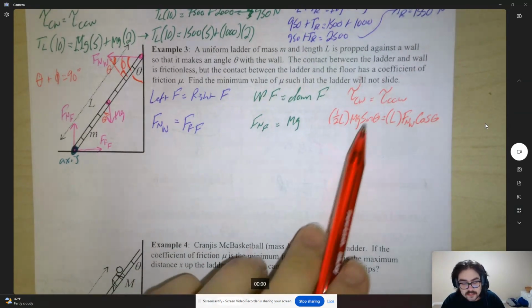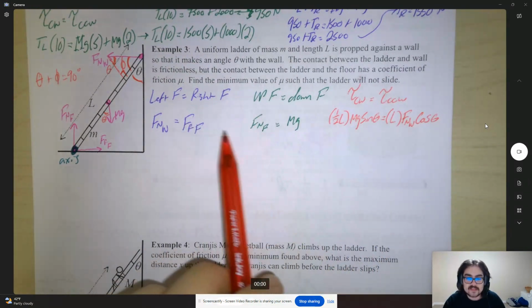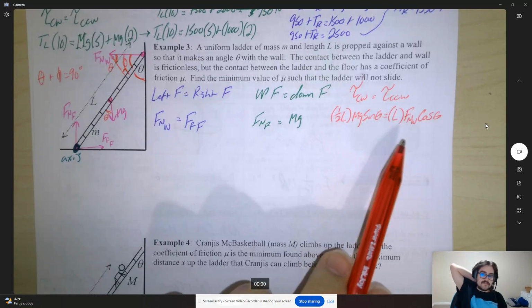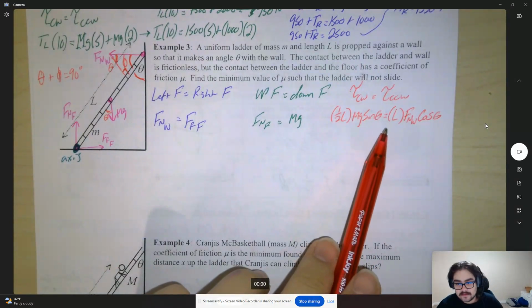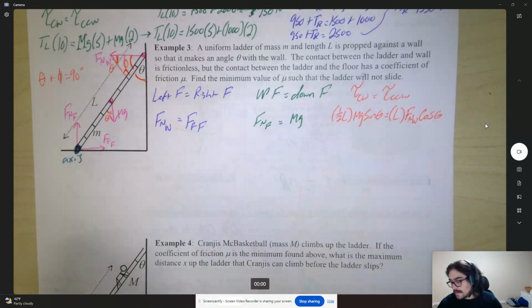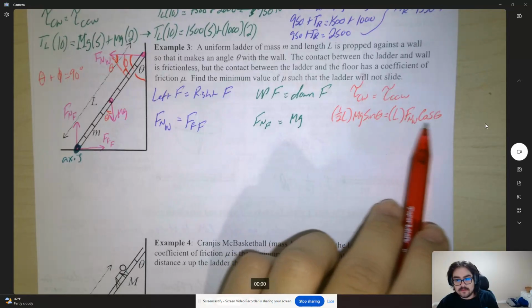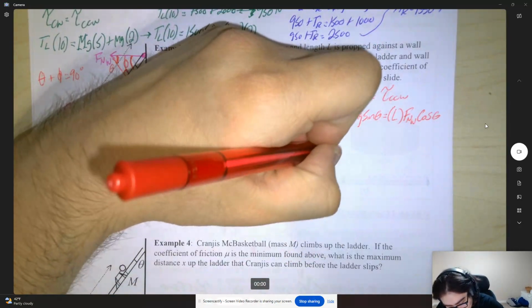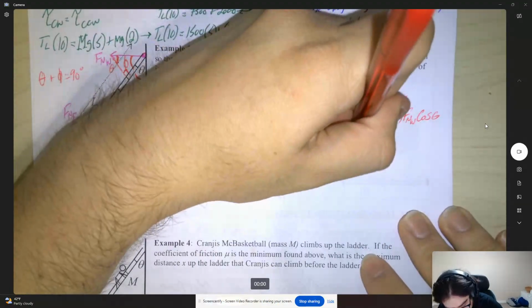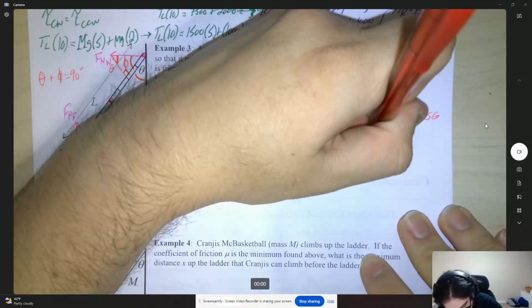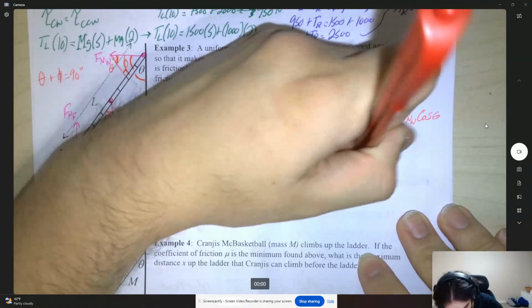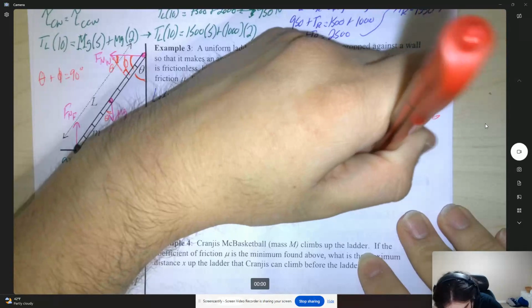Now, I'm going to actually start with the torque equation and work backwards because it's the easiest way to do it. What I'm going to do is figure out what the normal force of the wall is going to be. That's actually not that bad to do because I just need to divide both sides by L cosine theta. If I divide both sides by L cosine theta, I end up getting the normal force of the wall would be equal to 1/2 L mg sine theta over L cosine theta.